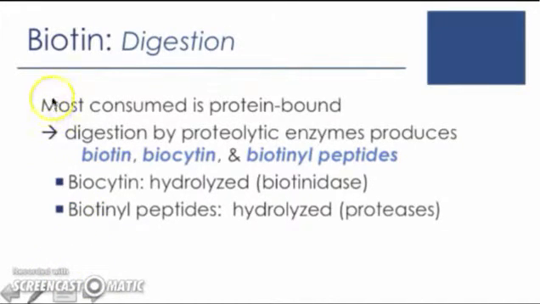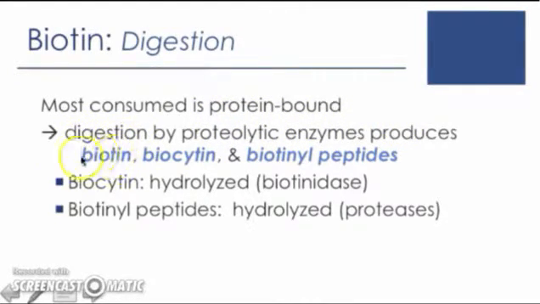So most biotin is consumed in the protein-bound form. Since we absorb free biotin, the protein-bound biotin must be hydrolyzed to free it to the free form. So the digestion of biotin is occurring through proteolytic enzymes, and the digestion by these proteolytic enzymes produces different structures.